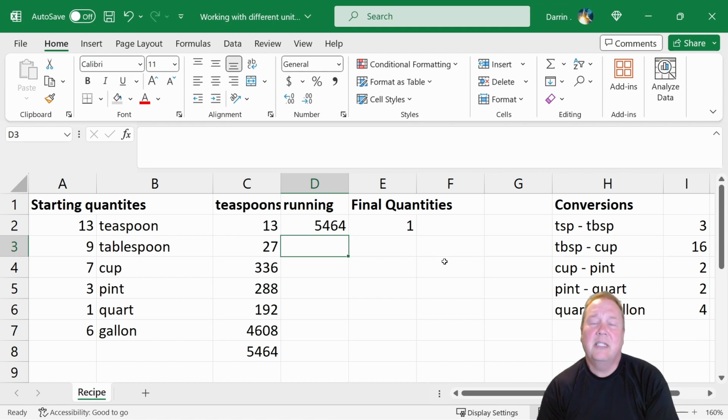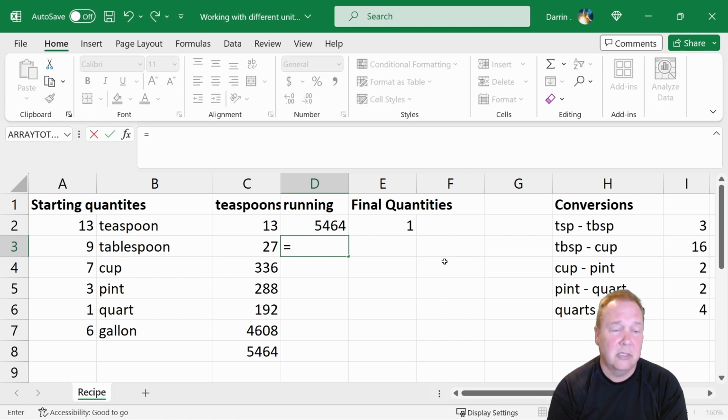Okay, so now I have teaspoons, and remember I want the minimum number of things to pour into my mixing bowl. I don't want to pour in 5,464 teaspoons. I want to dump in 6, 7, 8 gallons and a couple of cups and whatever, because I'm lazy, like everyone else. So now we need to calculate how much is left after we've taken out that teaspoon.